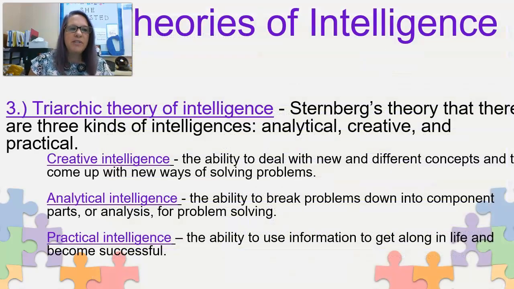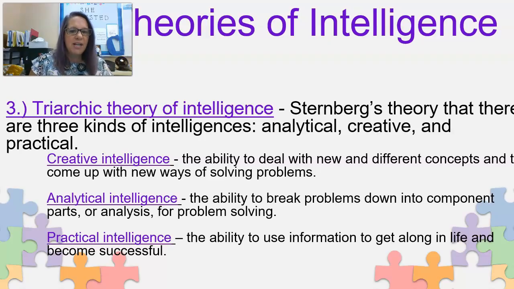The third type of intelligence that we're going to talk about is the triarchic theory of intelligence. Robert Sternberg came up with this theory. He said there were 3 different types of intelligences. So we went from 2 to 8 to 3. His theory is that we have creative intelligence, analytical intelligence, and practical intelligence.